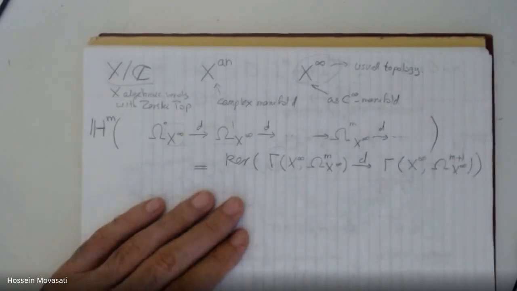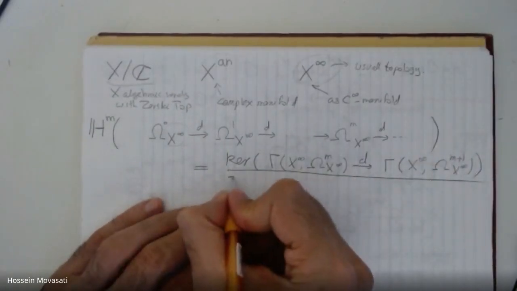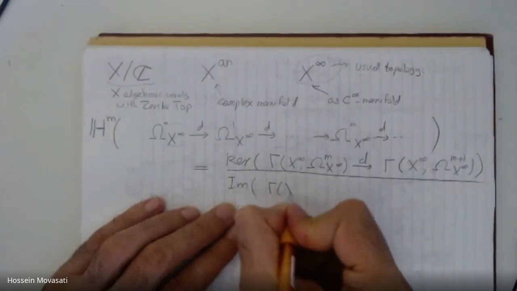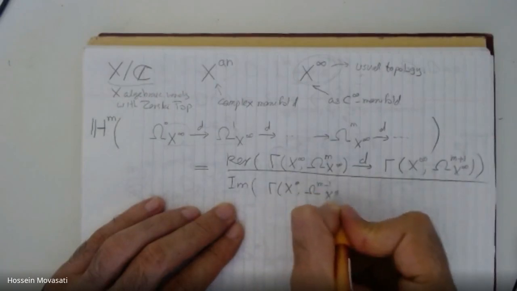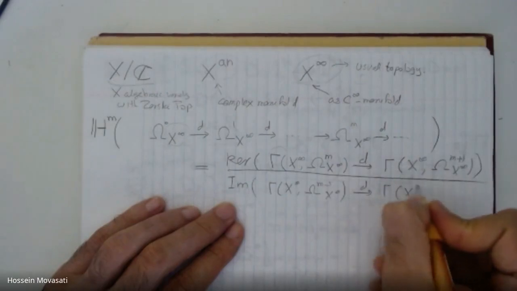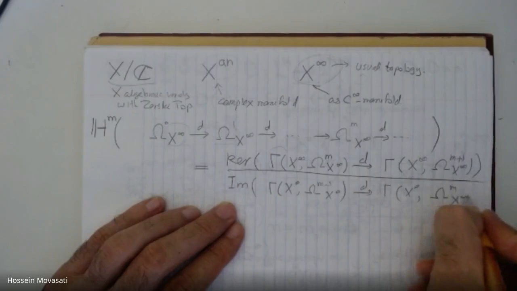And then this is divided by the exact ones, the image of d from gamma X infinity Omega m minus 1 X infinity into gamma X infinity Omega m X infinity.